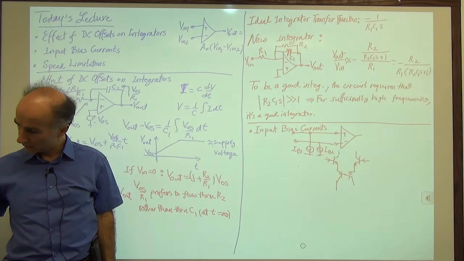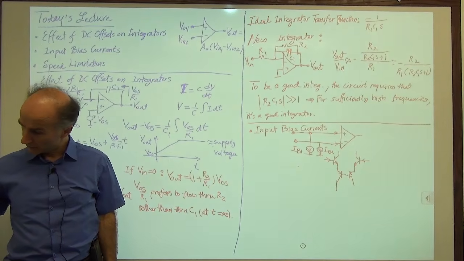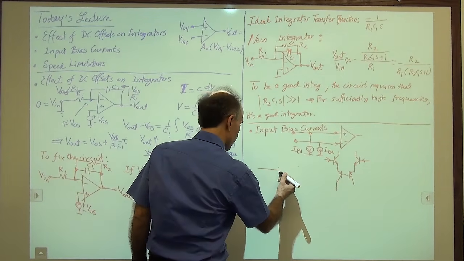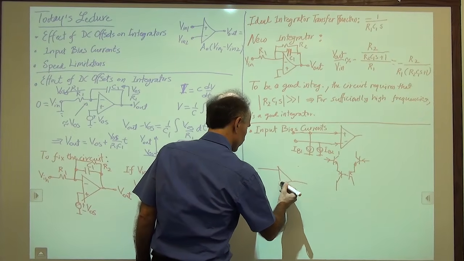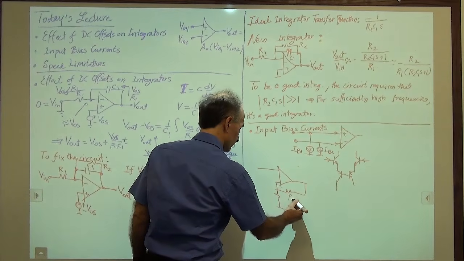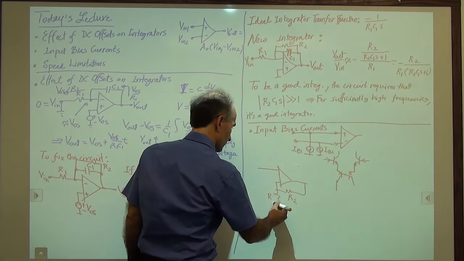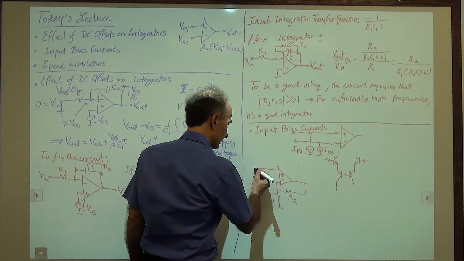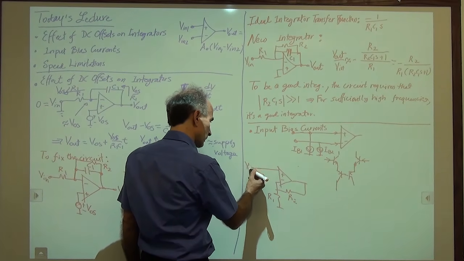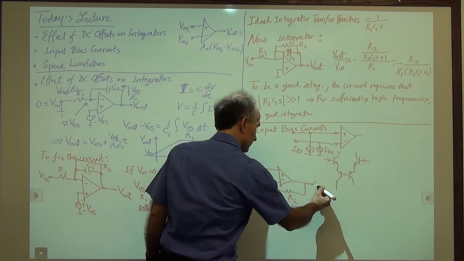On the non-inverting amplifier. So we draw a non-inverting amplifier like this. R2, R1, plus, minus. Okay, so we have Vin here, and Vout here.